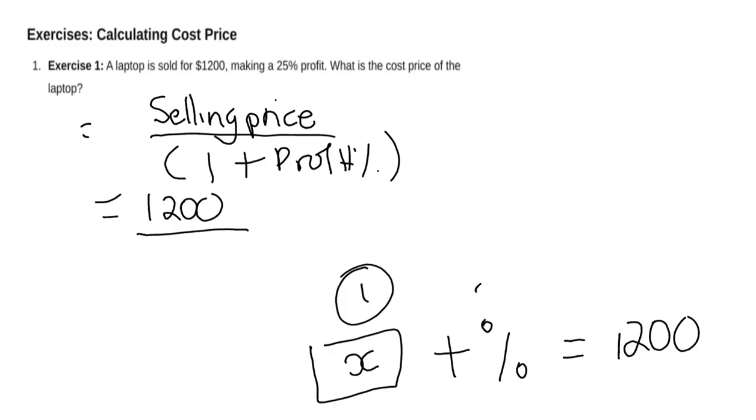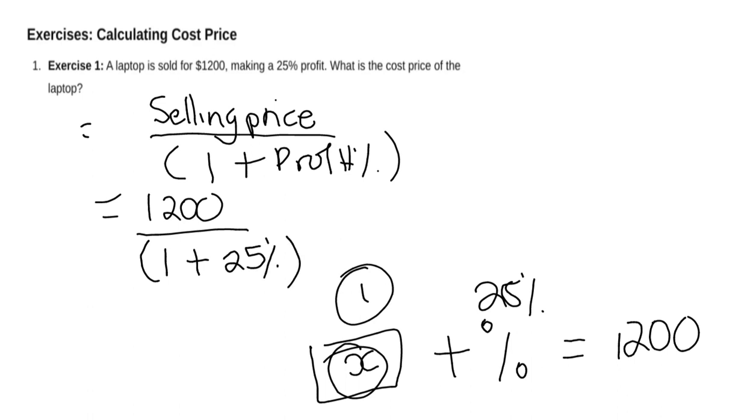So we have our percentage here, which is 25%, but now we want to find out how much was the original price before we added the extra 25%. So you will always divide in this case. You will say your selling price divided by your 1 plus your profit, which is 25%. And this 25% is expressed as 25 over 100, and in decimal places it's 0.25.